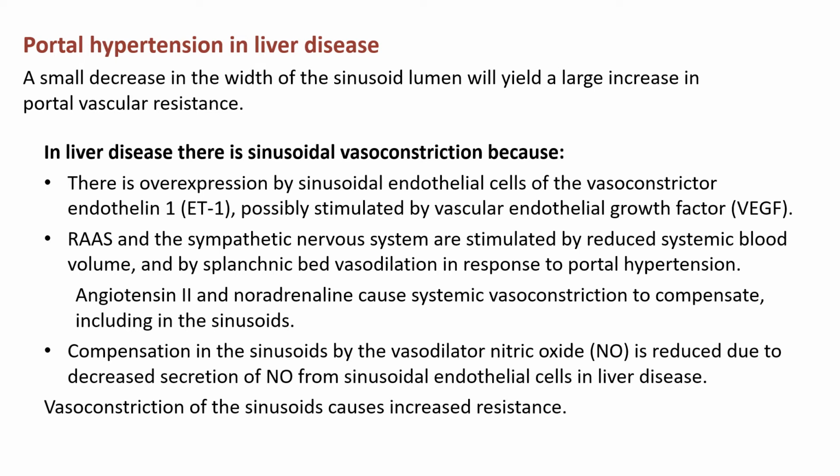So therefore we have vasoconstriction of the sinusoids. This vasoconstriction of the sinusoids, in addition to any other factors, is going to increase resistance. It's going to add to the problem of getting blood flow through the liver and back to the heart.